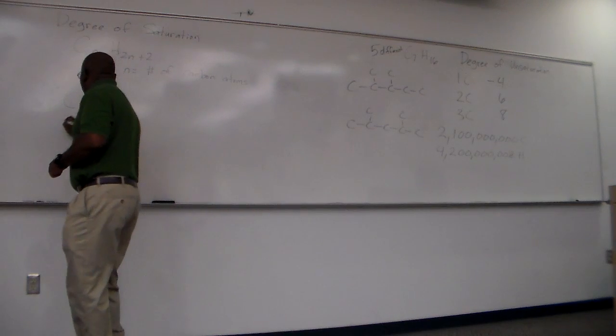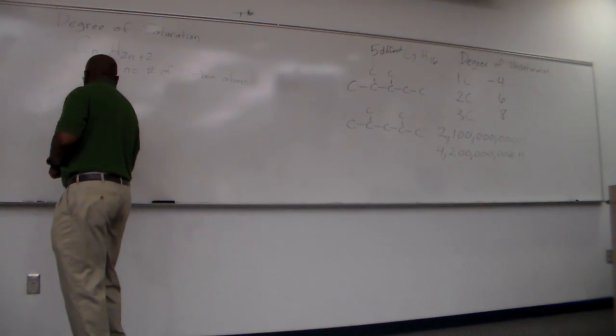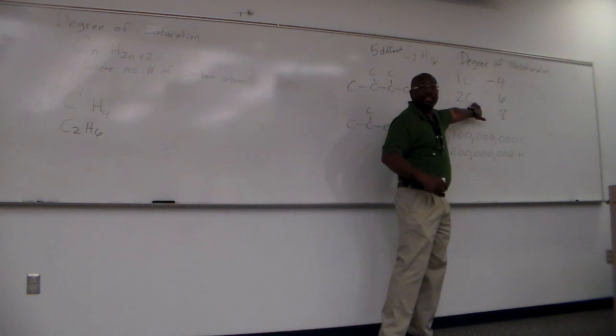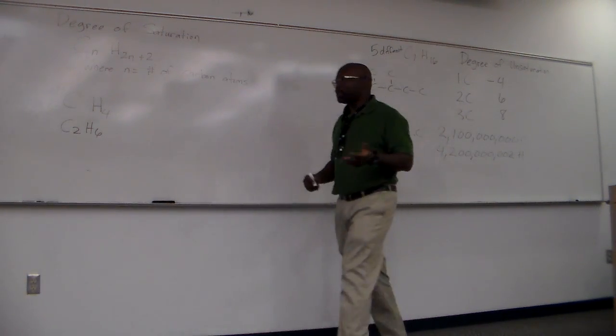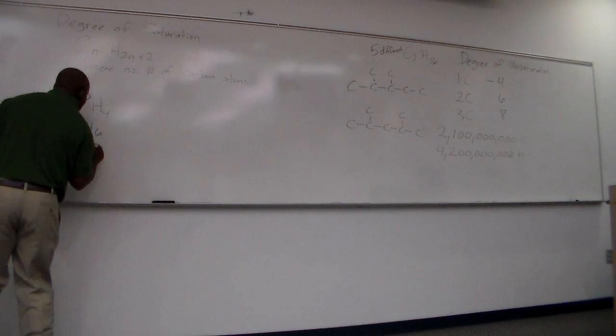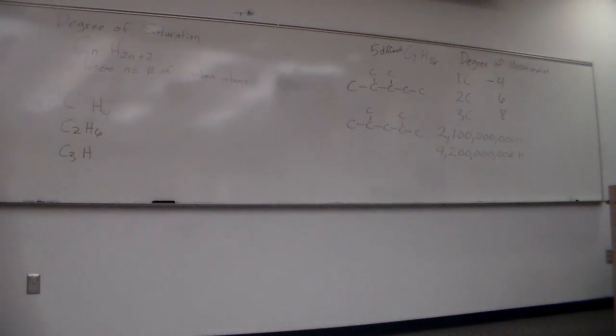That's why I get the number 6, so I get C2H6. If there were 3 carbon atoms, C3, it'll be 2 times 3 is 6, plus 2, 8.